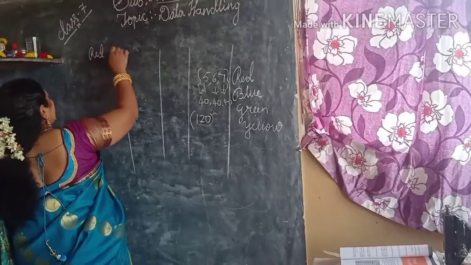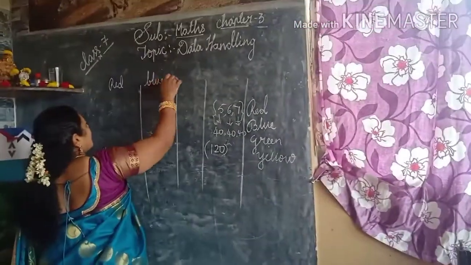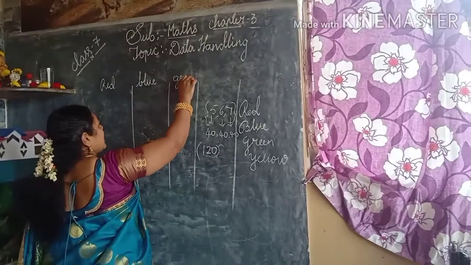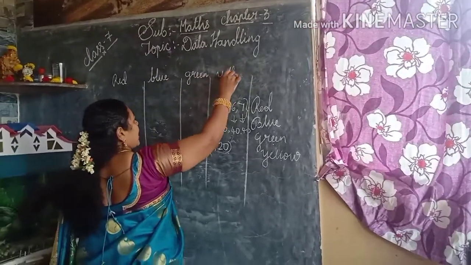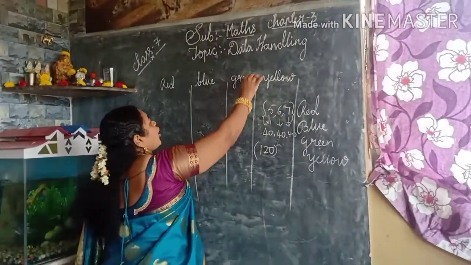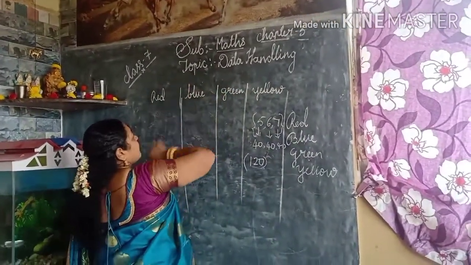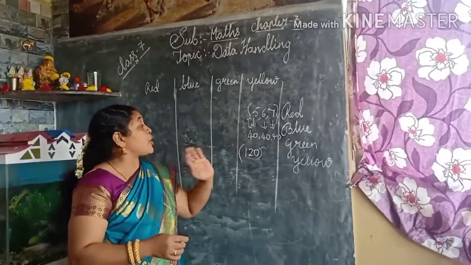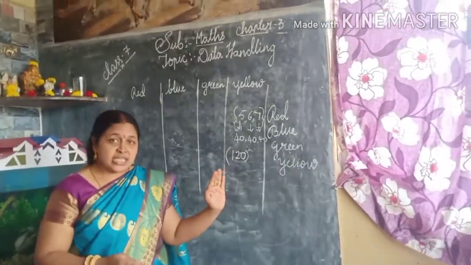We will write red, blue, green and yellow. If possible, we will write all these four groups and make three different sheets. Is it right?